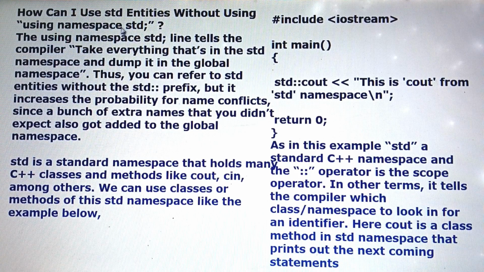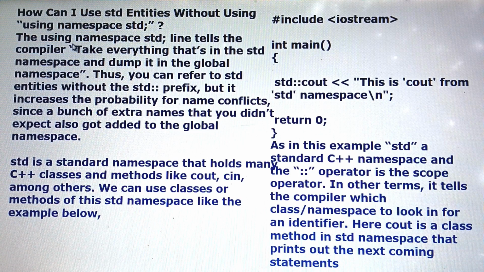How can I use std entities without using namespace std? Without using namespace std, how can we access the functions or variables contained in the namespace std without declaring it globally?